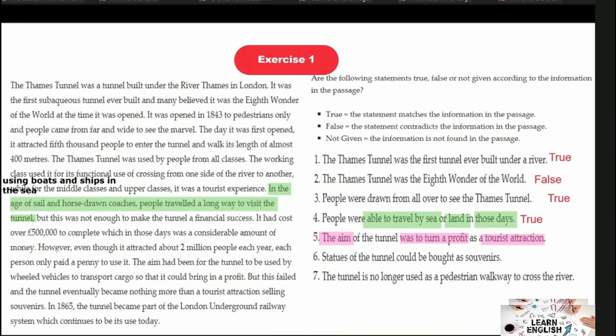I think we can find it at the beginning, where the aim had been for the tunnel to be used by wheeled vehicles to transport cargo, so that it could bring in a profit. Good. So the main goal was to be used by what? Business. The wheeled vehicles. Yes. Right? So this is the main goal.